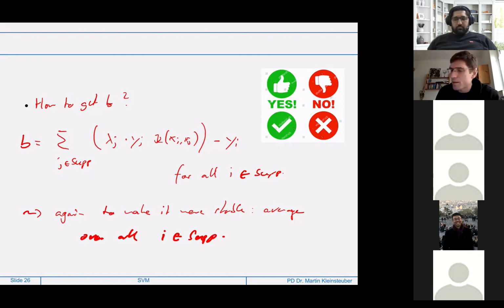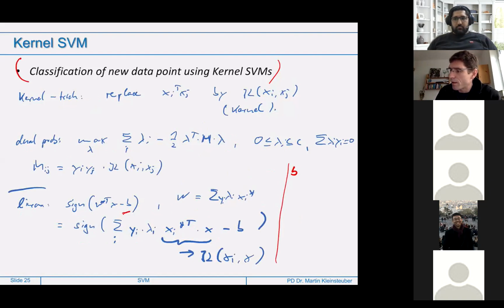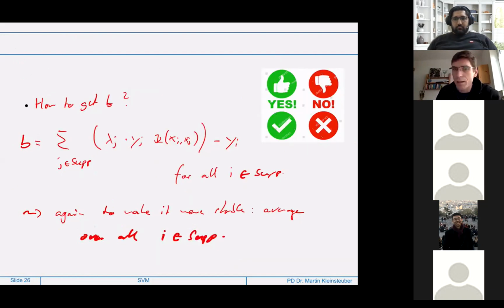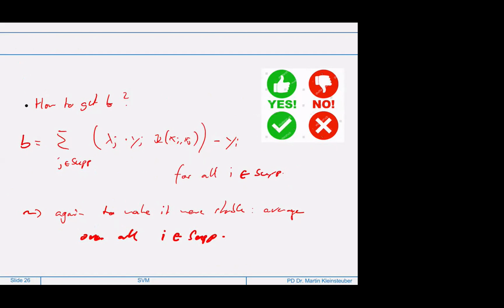Good. So that would be it from my side. What I recommend you to do is have a look at these derivations. As I said, it's not difficult, but it's good if you have done it once on your own, building the derivative, plugging this equation in to see what's going on, and also see how this inner product then occurs.